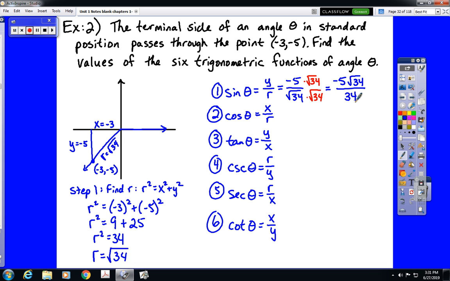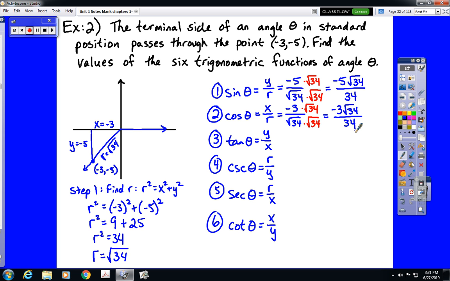So our sine would be negative 5 root 34 over 34. The same sort of thing is going to happen with cosine, because we're going to have the square root of 34 on the bottom. So we also have to rationalize that denominator, multiply the bottom and the top by the square root of 34. That would be negative 3 root 34 over 34.